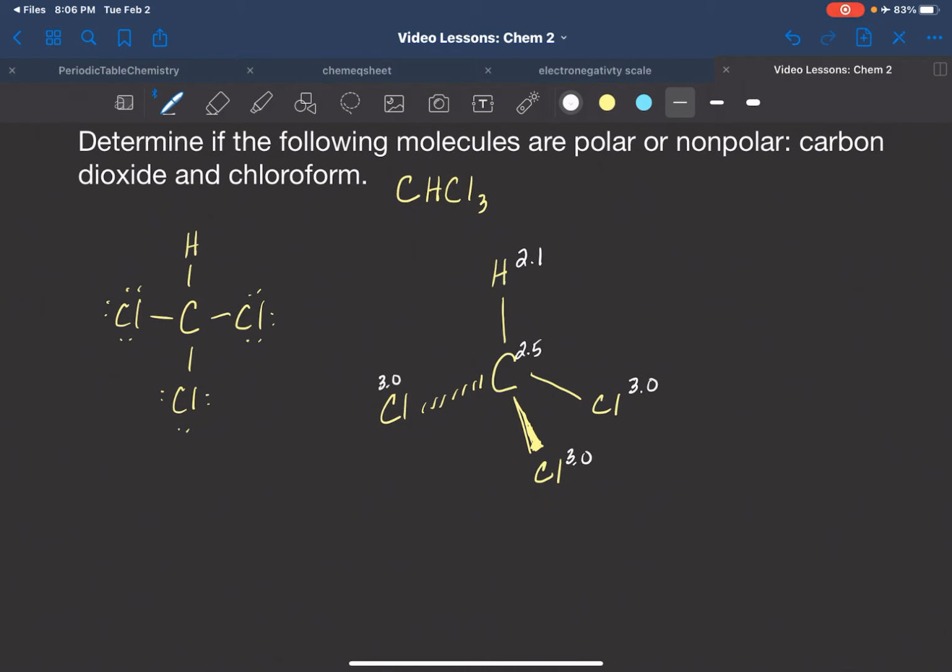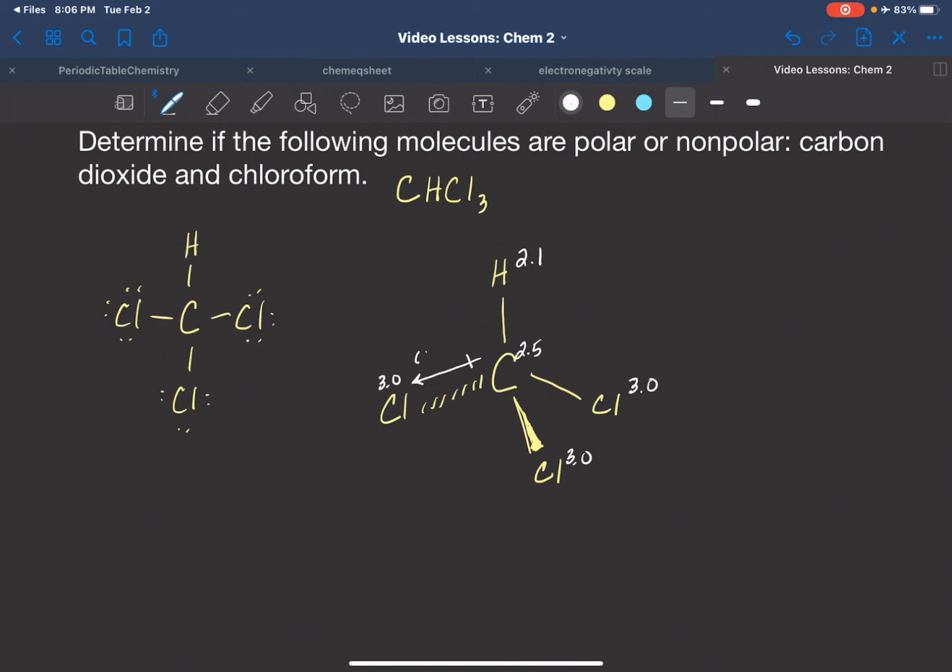Now, one at a time, you want to evaluate each covalent bond. So I'll just start here at this one, and then we'll work our way around. All right? Why not? I'll just start at one and decided to go counterclockwise. Why not? All right. So we can see that 2.5 has a greater pull towards 3.0, right?